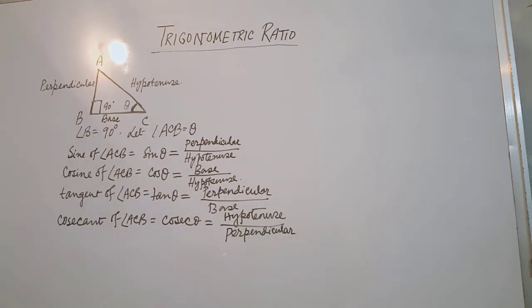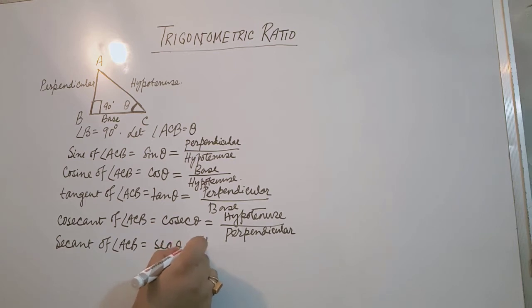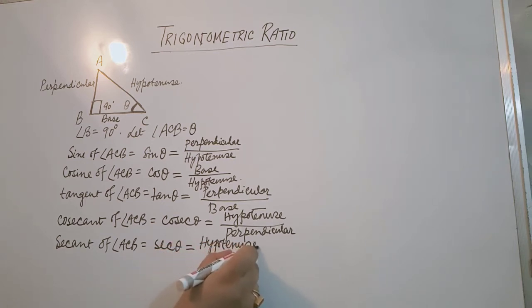The next one is secant of angle ACB, which in brief is also told as sec theta, which can be expressed as hypotenuse by base.